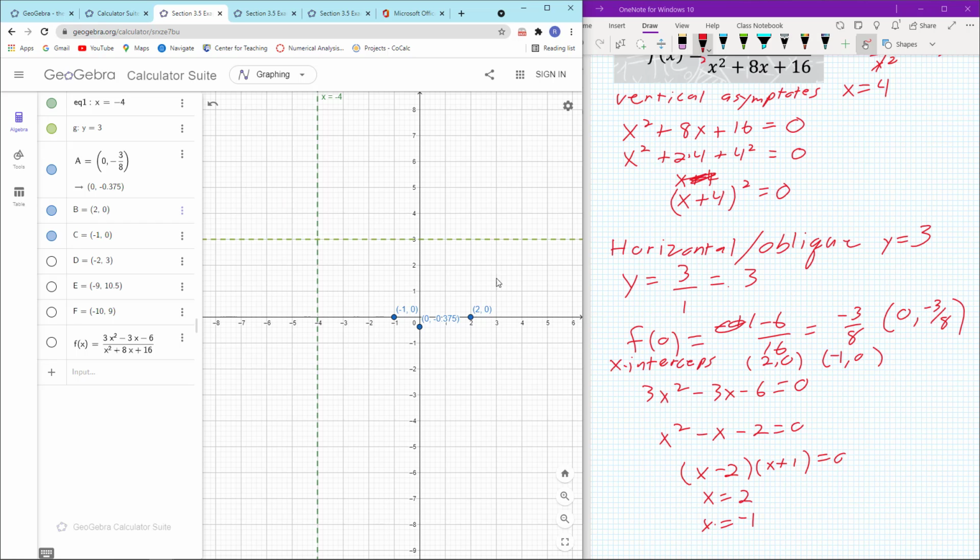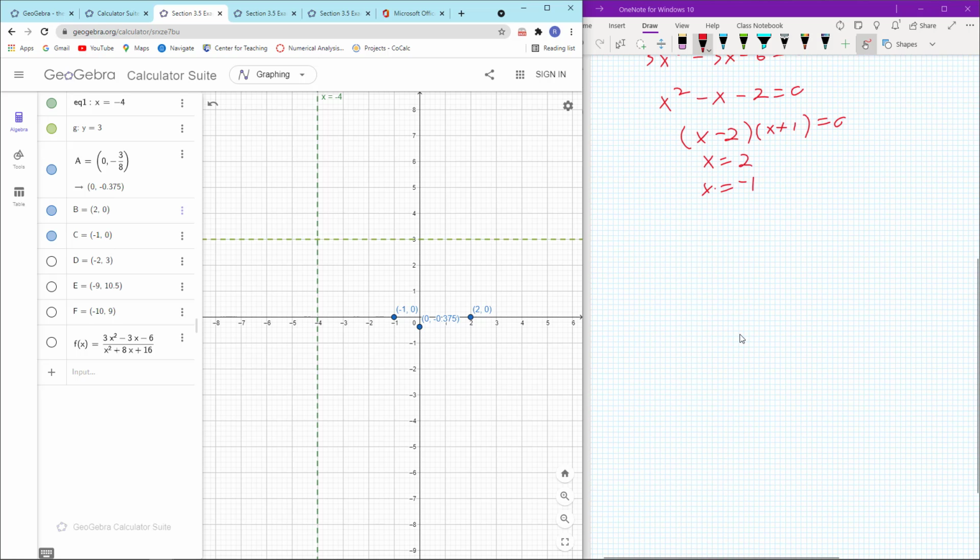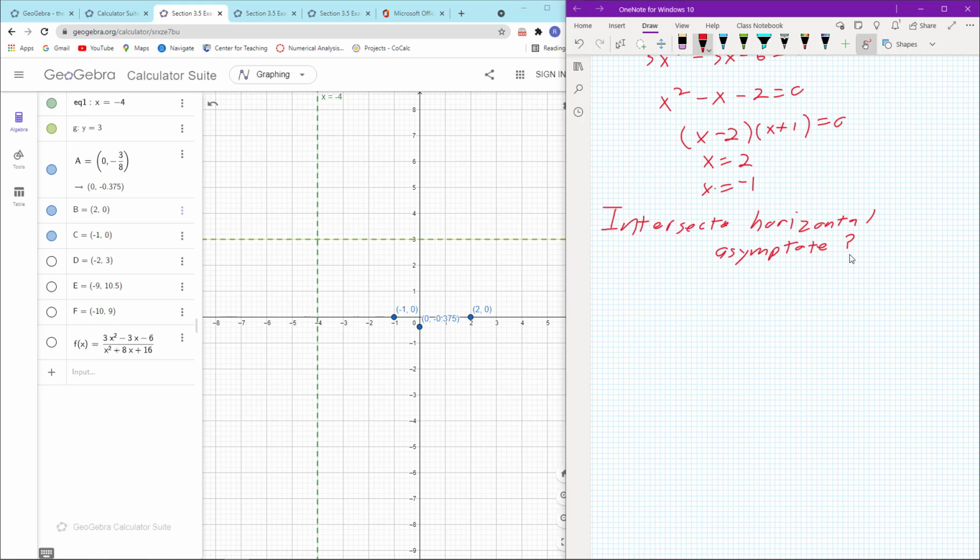Now we want to see if our graph is going to intersect the horizontal asymptote. To do that, we have to set the equation equal to y is equal to 3. So that is going to be 3x squared minus 3x minus 6 divided by x squared plus 8x plus 16 is equal to 3.